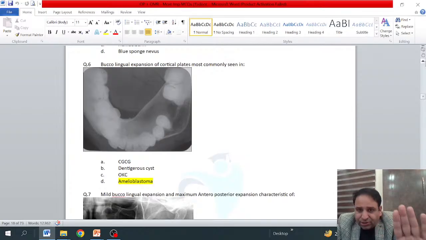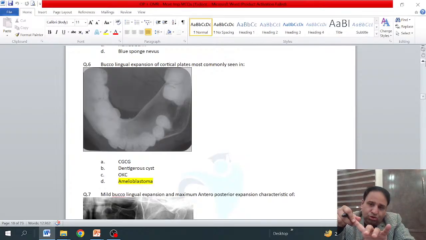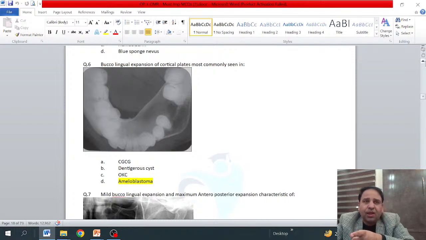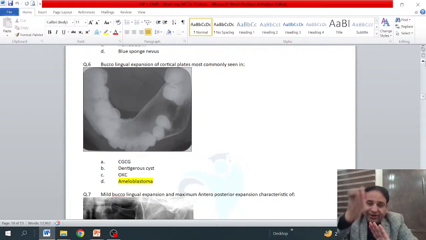So, while going through these papers, I realized ameloblastoma, CG, even we had questions on central giant cell granuloma, hyperparathyroidism, then OKC, one question on dentigerous cyst, on adenomatoid odontogenic tumor, myxoma I have not seen much in questions, but these questions whose names I have just taken, I have seen many times in your NEET exams question bank. Okay, so quickly let us revise these lesions.